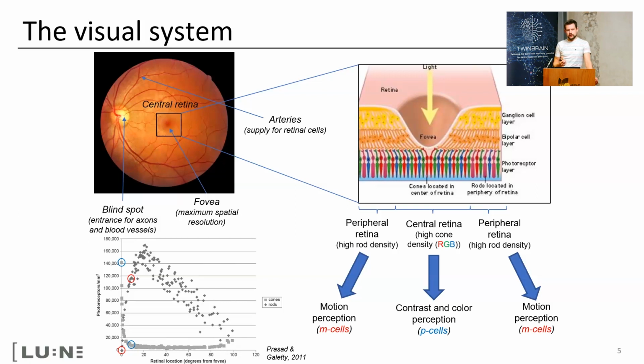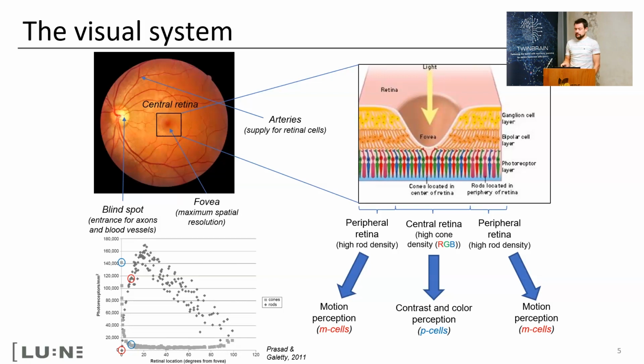So with our visual evoked potential, we are either addressing these P cells, in the center of the fovea, or we are addressing the M cells. The P cells, especially with contrast and color. These two types of information are processed by the P cells. And for the M cells, especially motion. So we have to think about how we design stimuli that maximize the contribution of the P cells while minimizing the contribution of the M cells, and vice versa if we are interested in motion.